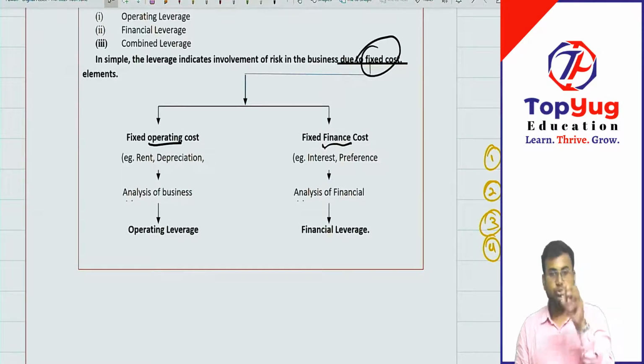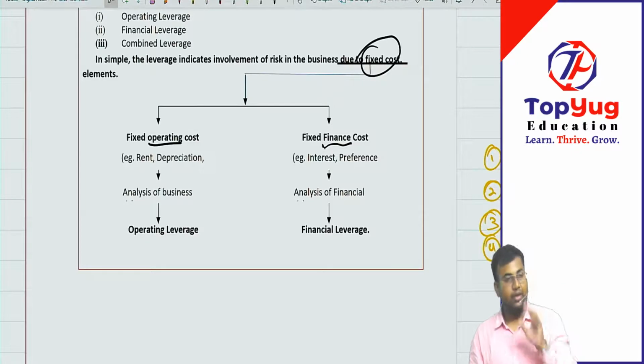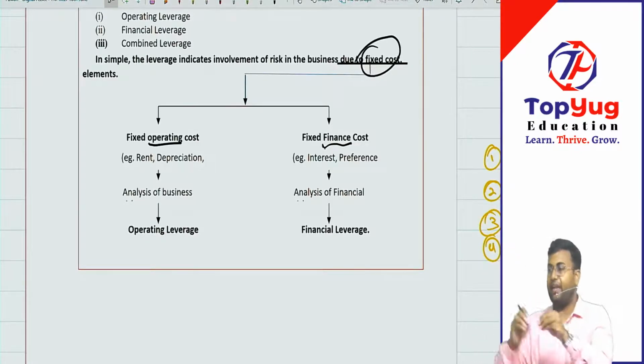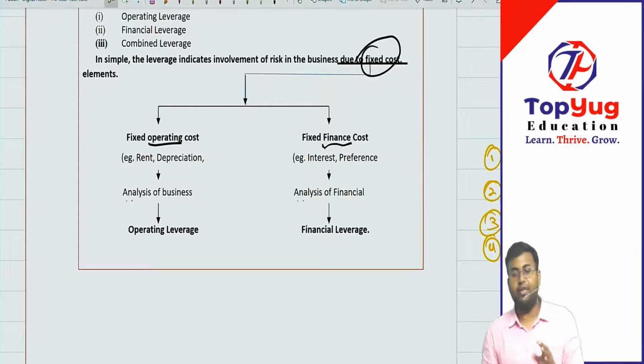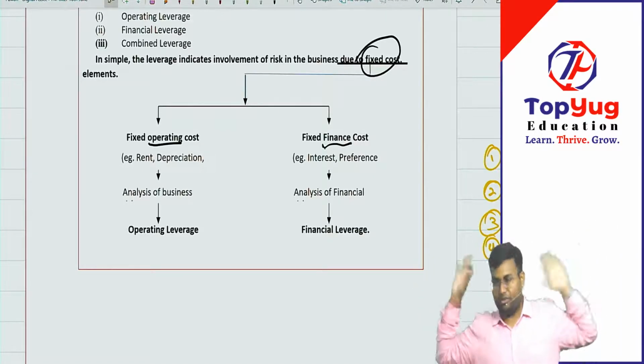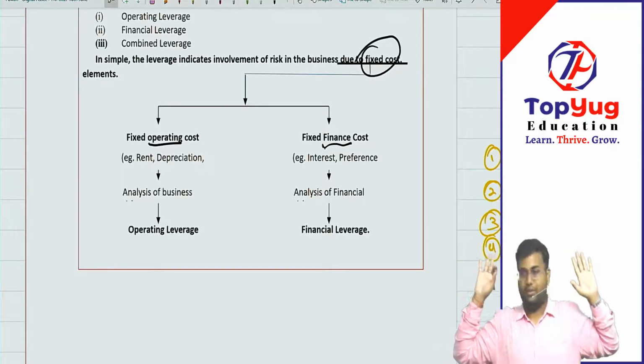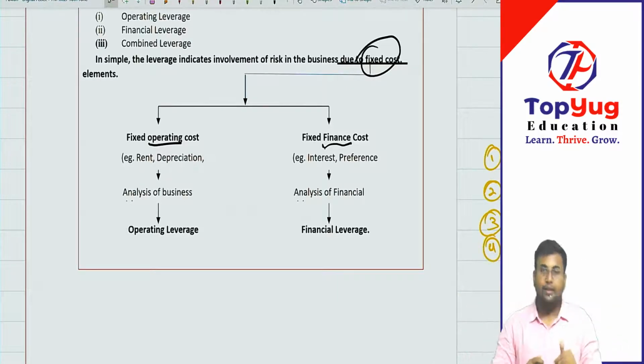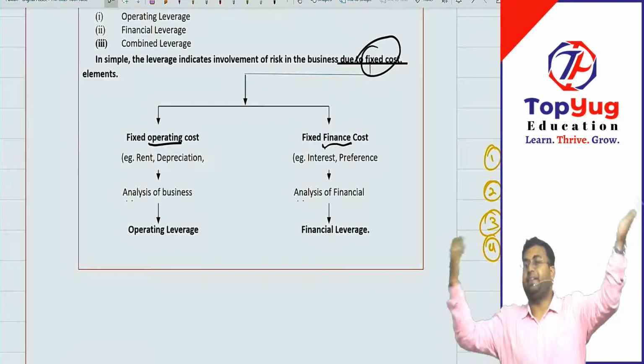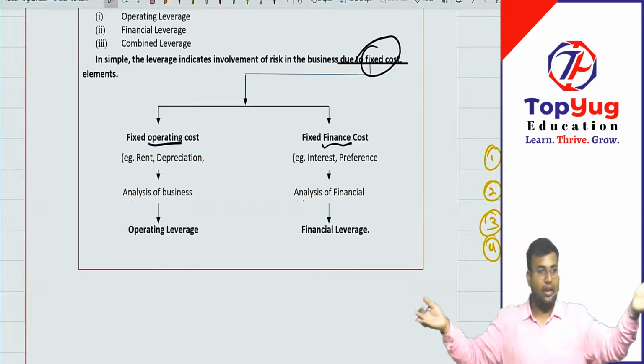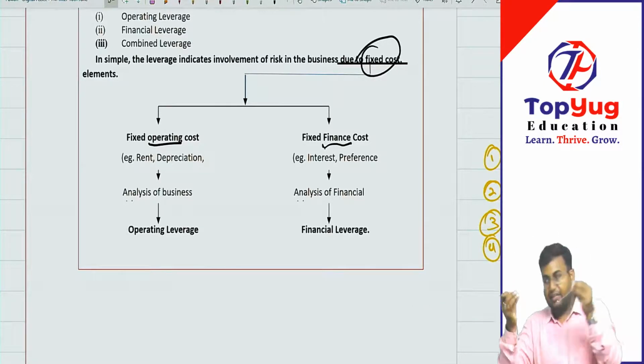We are not supposed to satisfy the government or anyone else. We only have to ensure my return is greater than cost, and the larger the difference, the better.